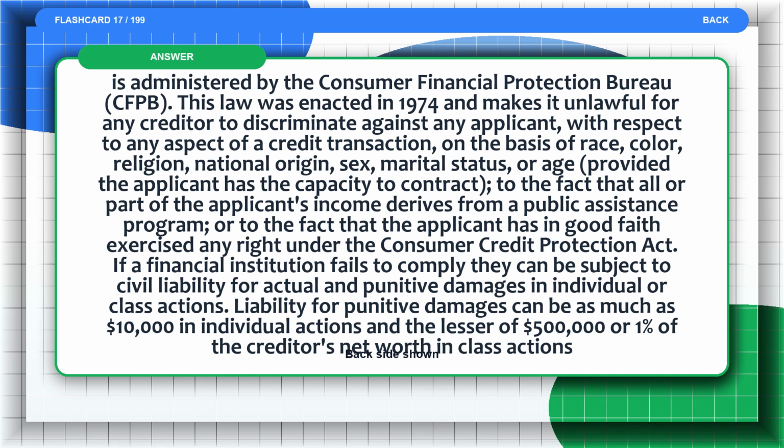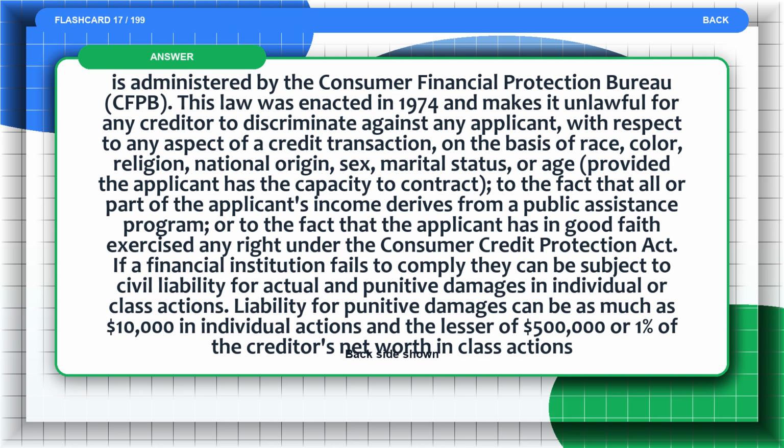This law was enacted in 1974 and makes it unlawful for any creditor to discriminate against any applicant with respect to any aspect of a credit transaction on the basis of race, color, religion, national origin, sex, marital status, or age, provided the applicant has the capacity to contract, to the fact that all or part of the applicant's income derives from a public assistance program, or to the fact that the applicant has in good faith exercised any right under the Consumer Credit Protection Act. If a financial institution fails to comply, they can be subject to civil liability for actual and punitive damages in individual or class actions.